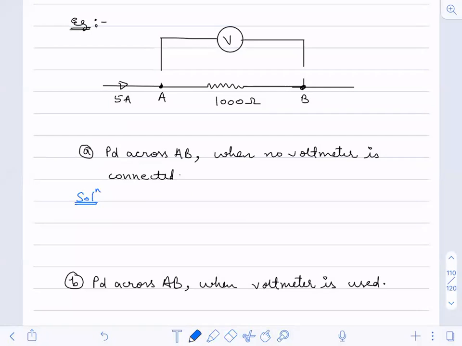Anyone? Potential difference across AB. V_AB is current into resistance. Resistance is 1000 into 5. This becomes 5000. Only 3-4 people are answering.